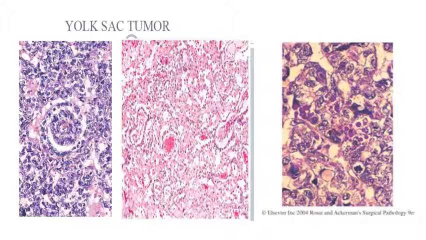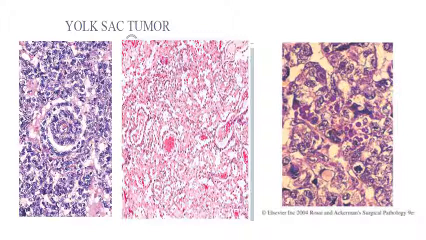In this photograph, you are able to see medium cuboidal cells arranged in the form of papillary structures or cords, with in between Schiller-Duval bodies, that is primitive glomerular-like structures.